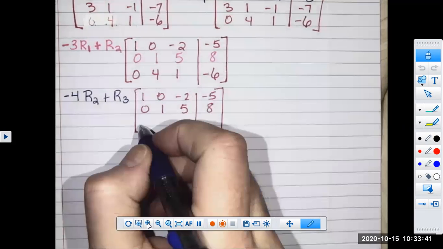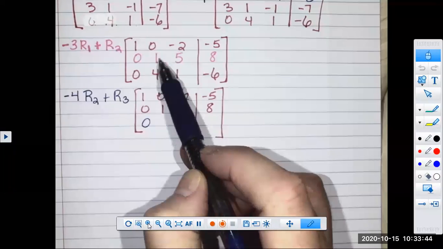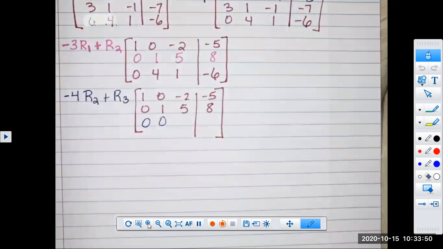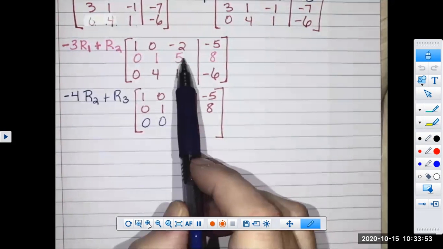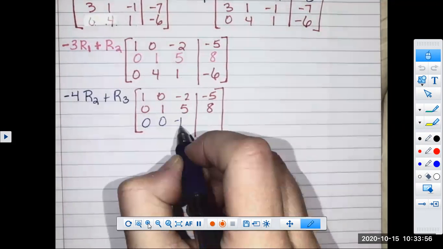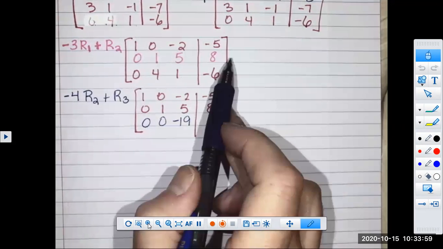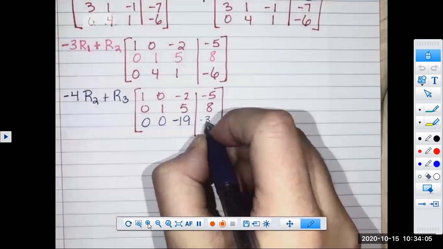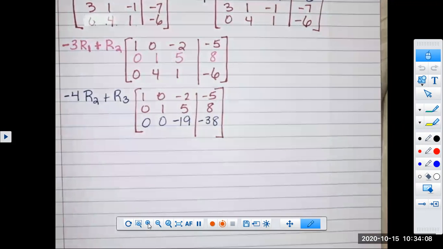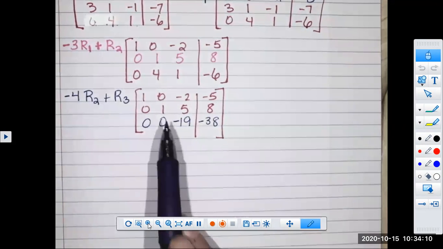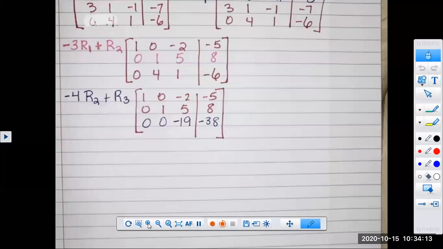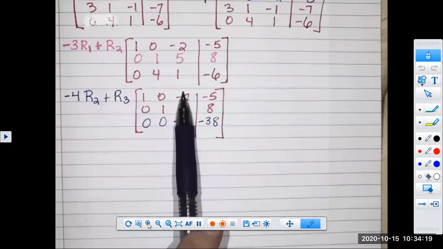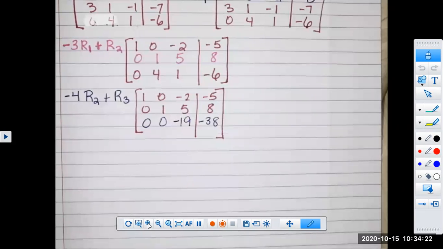Of course, this one's going to stay. -4 times 1, -4 plus 4 gives you 0. -4 times 5 is -20, plus 1, -19. -4 times 8 is -32, minus 6 more is -38. So now we have that second column as 0, 1, 0. So now we move on to the third column. Once we get this third column converted to 0, 0, 1, the numbers here will be our answer finally.